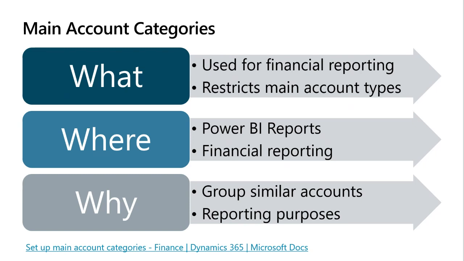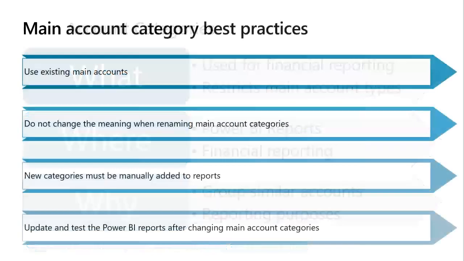With Dynamics 365 Finance, the main account categories are used in the Power BI reports and financial reporting reports that are provided out of the box. When you use main account categories, there are a few best practices to keep in mind. First, we recommend that you use the existing main account categories.